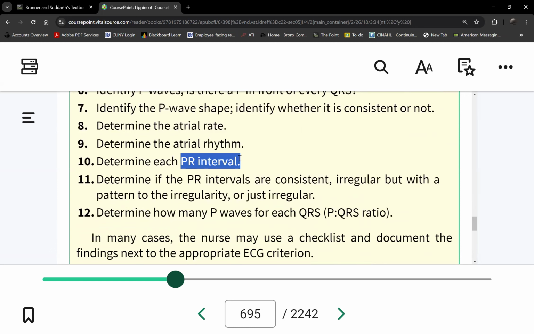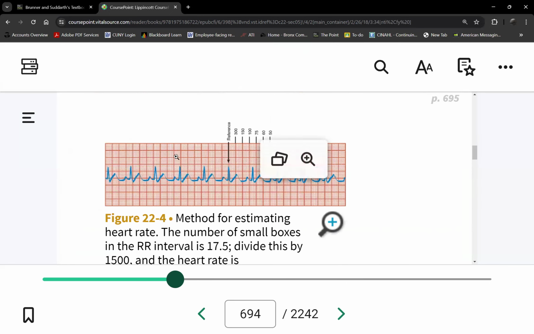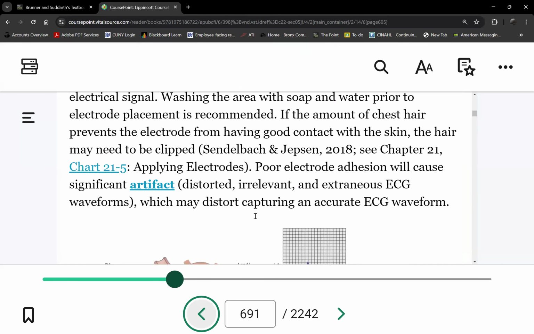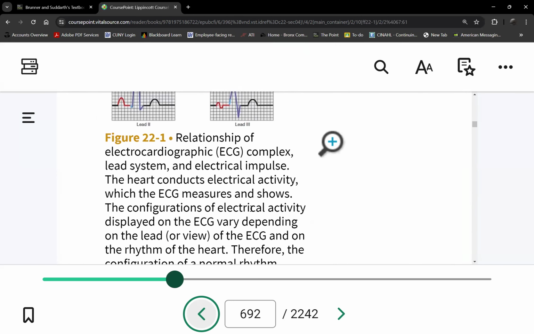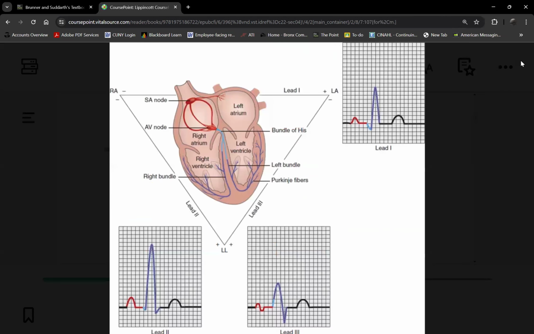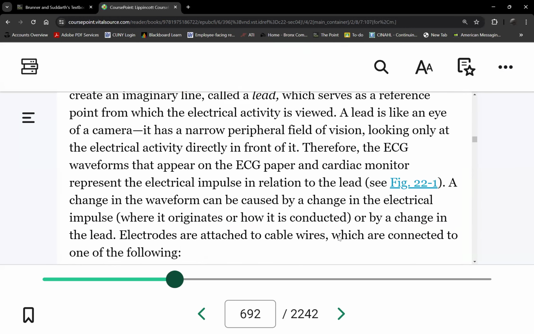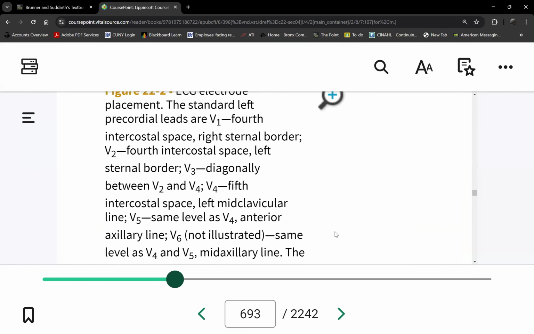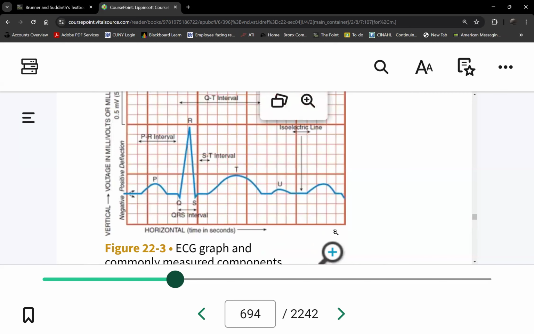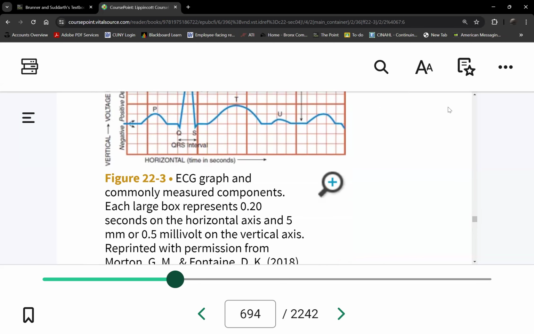Let me explain what the PR interval is. Let's use this figure, figure 22-3.